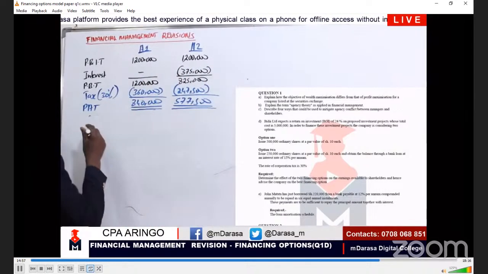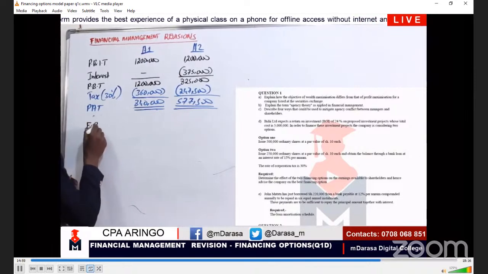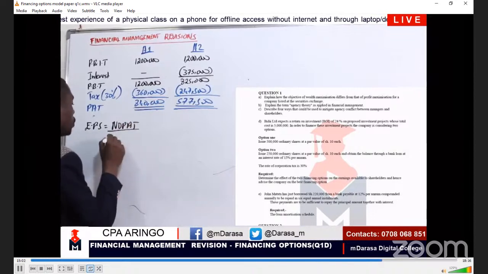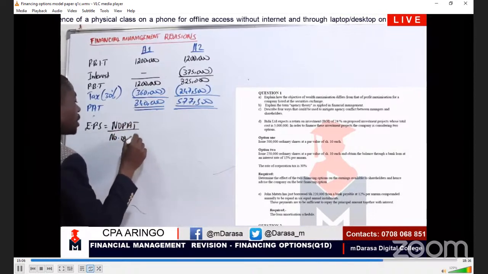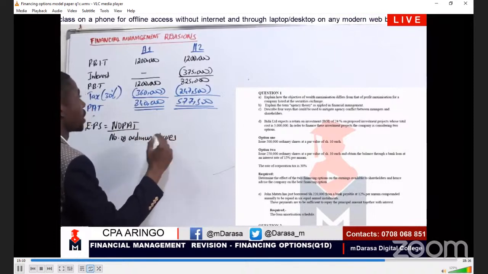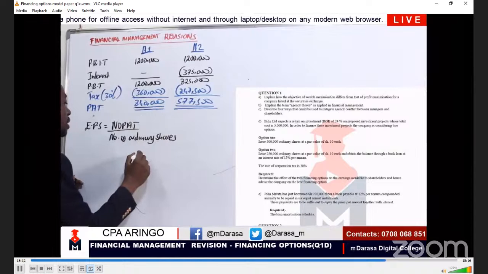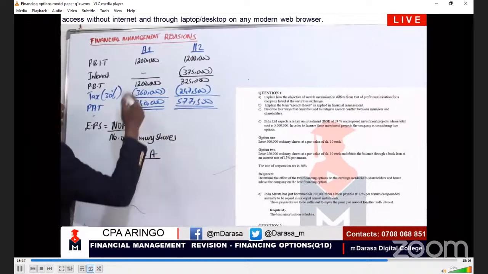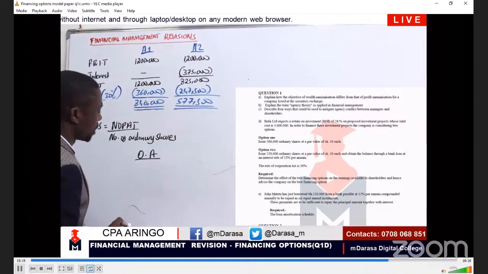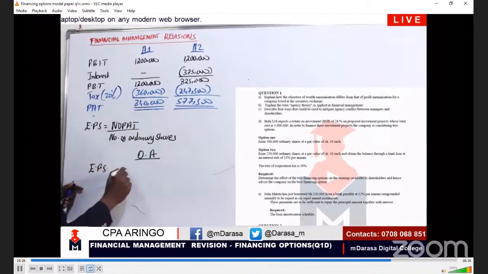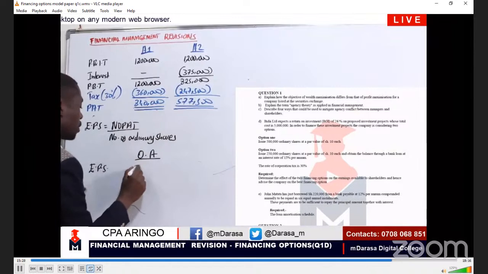So my earnings per share, our EPS, which we said is profit after tax over the number of ordinary shares. That is what we've agreed. We can note that option 1, or rather option A, I'm having a profit of 840,000.